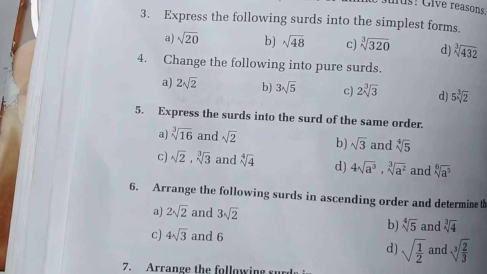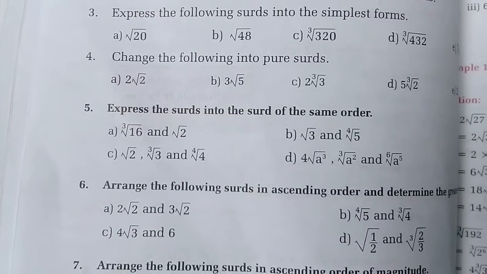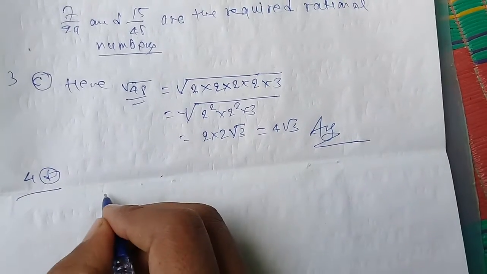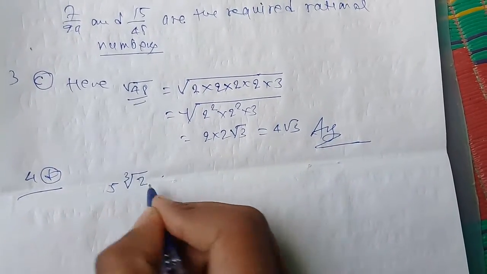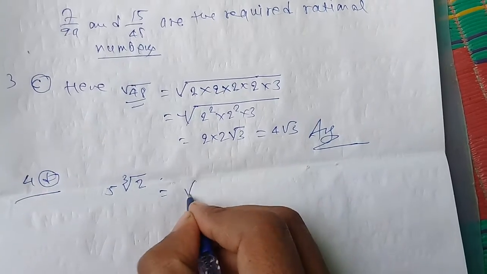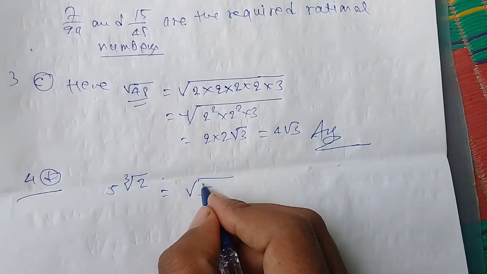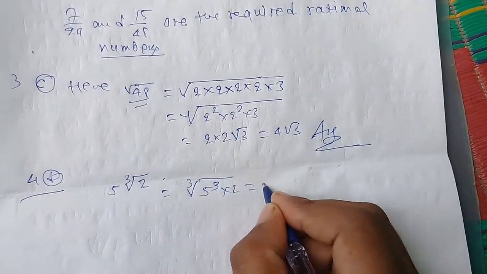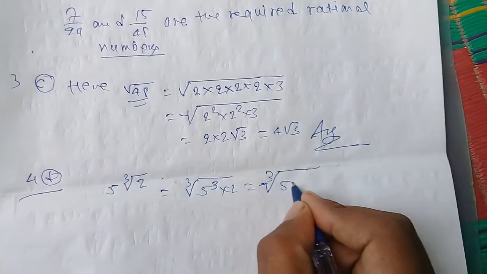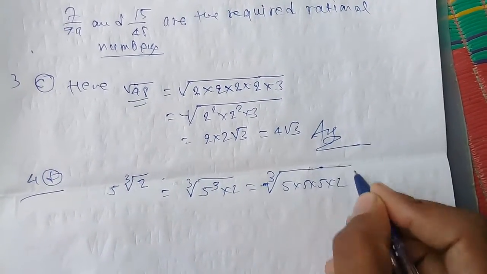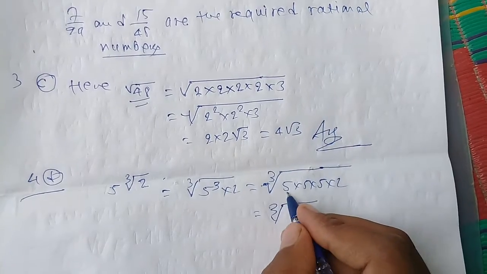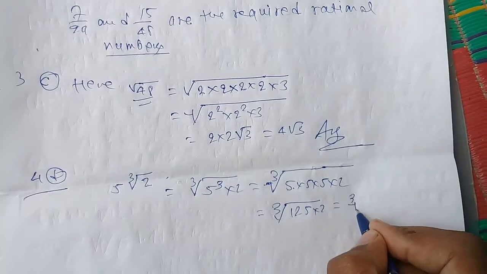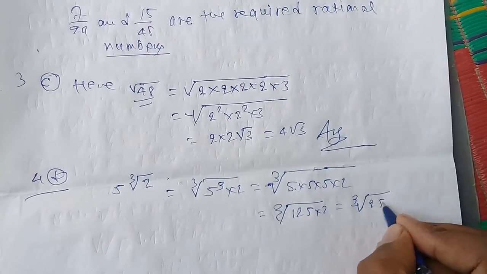Now change the following into pure surds. I am doing D: 5 times the third root of 2. If we take 5 inside the radical sign, it will be the third root of 5 into 5 into 5 into 2, so 25, and again multiplied, 125 into 2, which is 250.